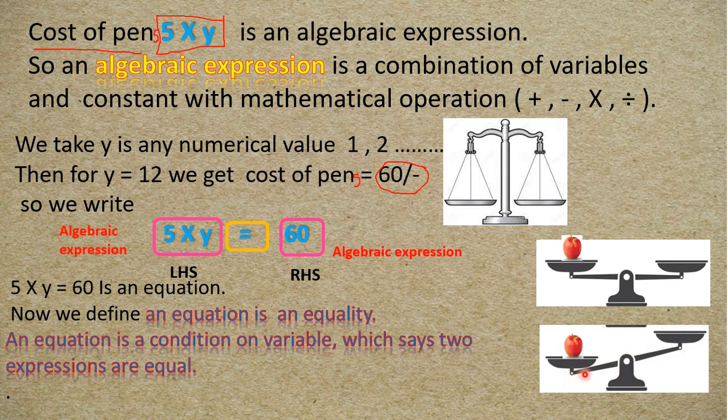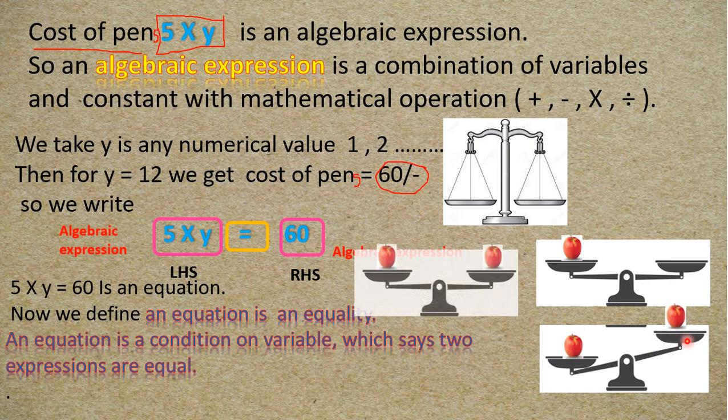So the balance is not the same on both plates. So to make the balance on both plates the same, what can we do now? We can put another apple on the right side plate. When we put another apple, both apples have the same weight, so the plates of this balance are now at the same level.